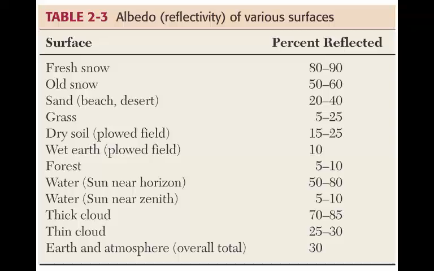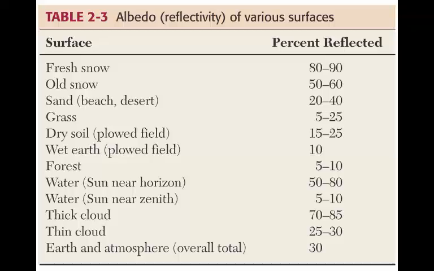Thin clouds, on the other hand, you'll notice the percent reflective is much lower albedo, and that's because if you look at it from our vantage point, they actually appear very white in color. If you look at any high clouds, they're usually thin and wispy, but they're always pretty white. But if you look at it from the vantage point that the sun is, they actually appear dark. So they therefore have a lower albedo as a result.